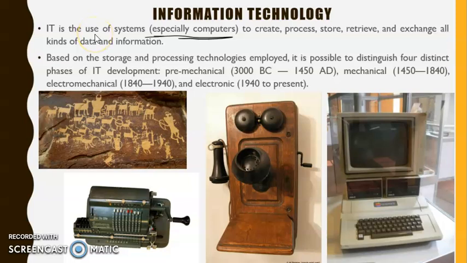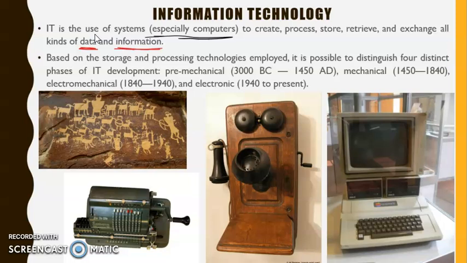Okay, so now, according to the definitions and discussions we had last week about data and information, you notice that information technology is something about data and information, according to the things we discussed last week together.